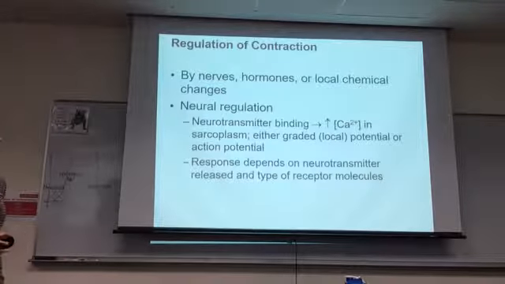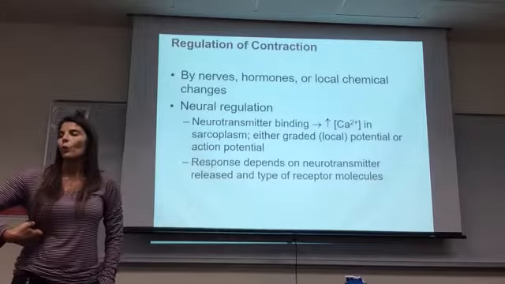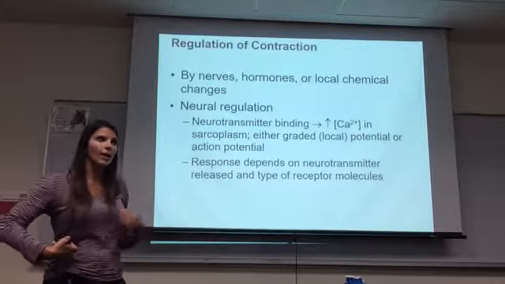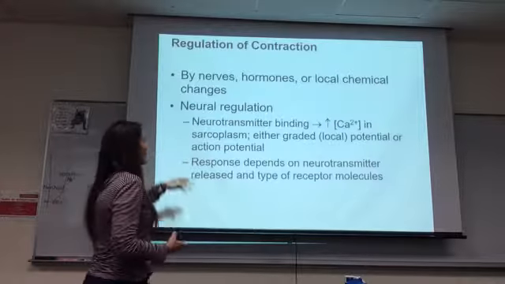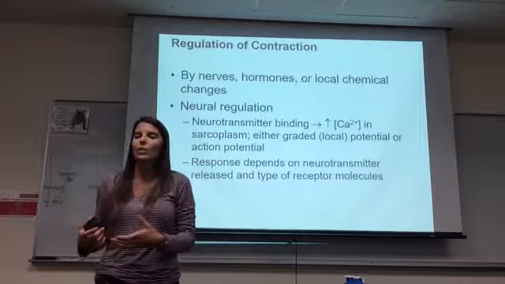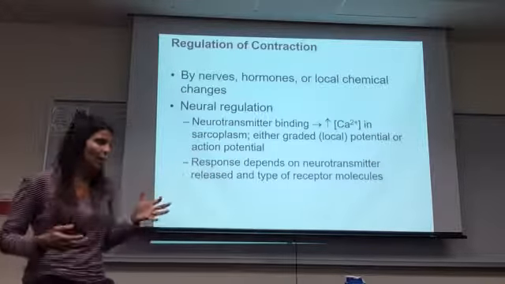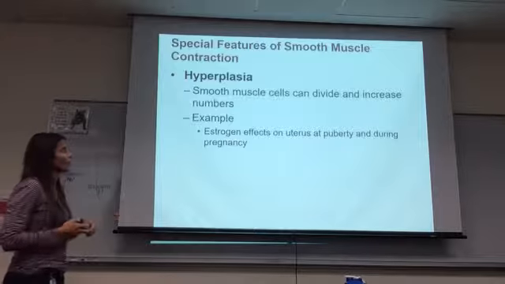Same diagrams from earlier. Regulation of contraction. Your smooth muscle contracts when the nervous system tells it to contract. Calcium levels get high. And it talks about local chemical changes. If something's happening and it needs to respond, it will. You don't need to know the details of all of that right now. And I know that your brains are fried.